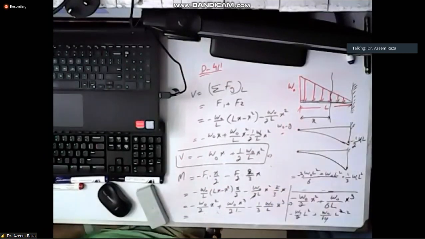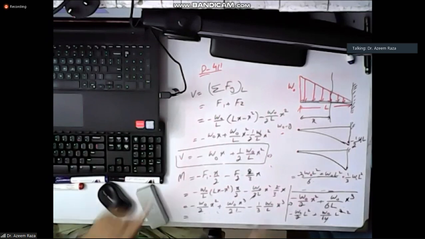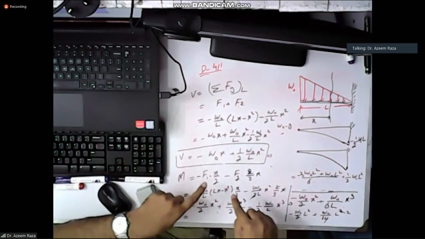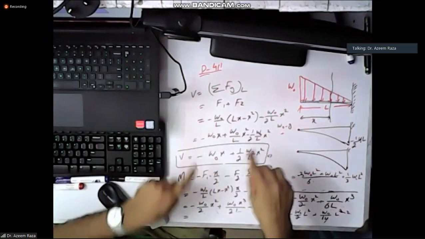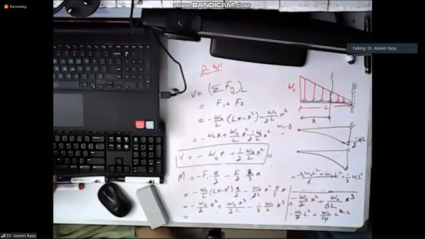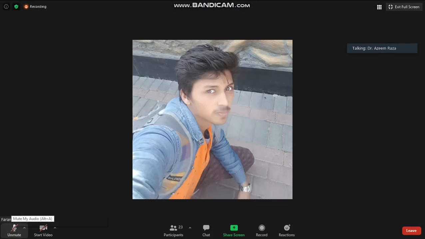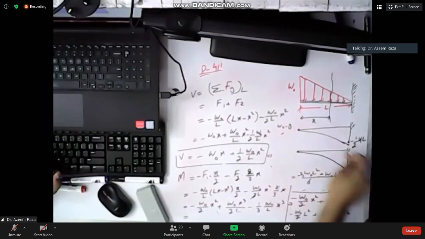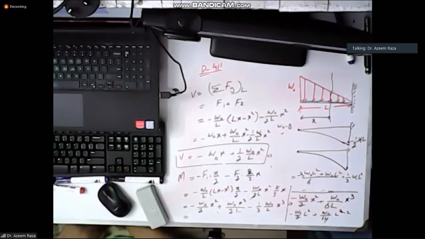So that was something that we did. So I computed a separate force for the rectangular portion and separate force for the triangular portion. Once you know the force, the rest is just a plus minus and simplification. Similarly, shear force bending moment diagram is just nothing. You take H0 and L and then plug in the numbers.